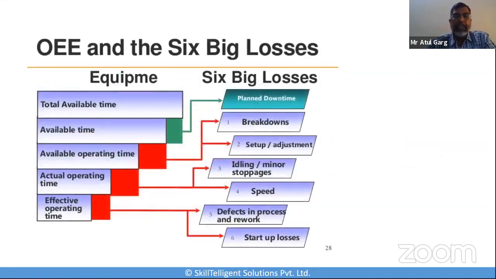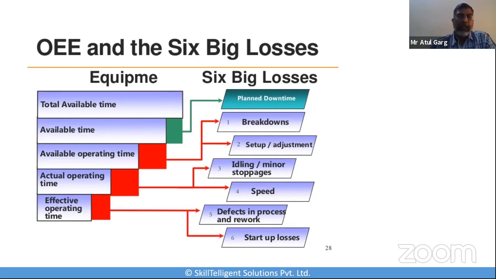We usually map the 6 big losses to the equipment total available time. Our overall available time is determined by the planned downtime. That is, if we have the machine for 24 hours, and the planned downtime is 2 hours, then our available time is 22 hours.